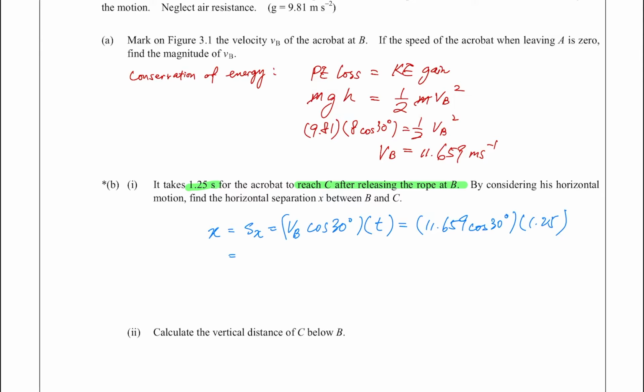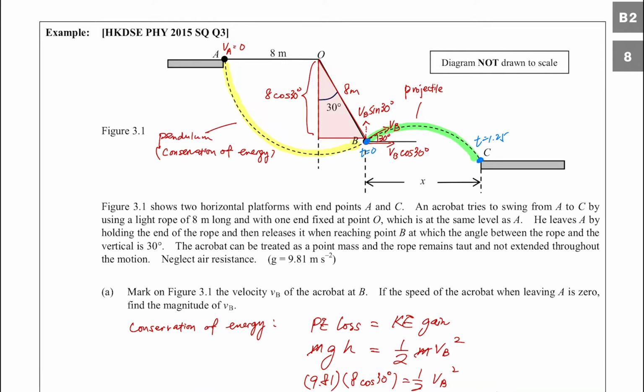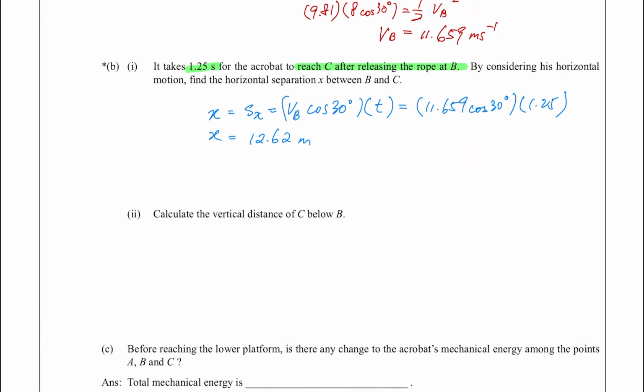So it will be 12.62 meters. So point B and point C are separated by 12.62 meters.